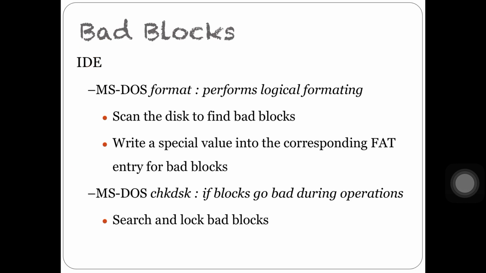Whichever blocks are corrupted are found and marked in the file allocation table, telling the other allocation routines not to use that particular corrupted block.